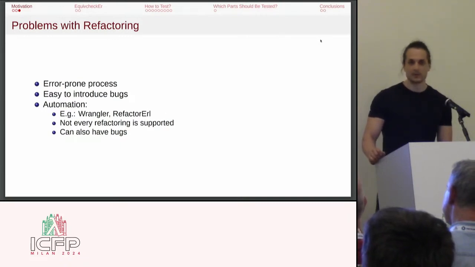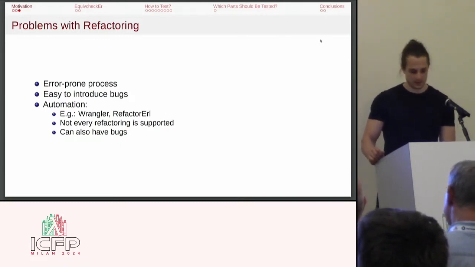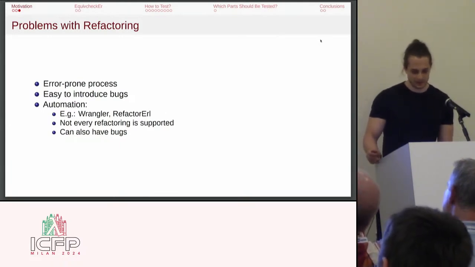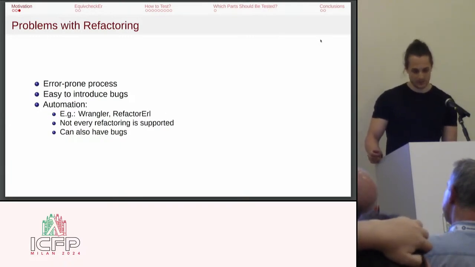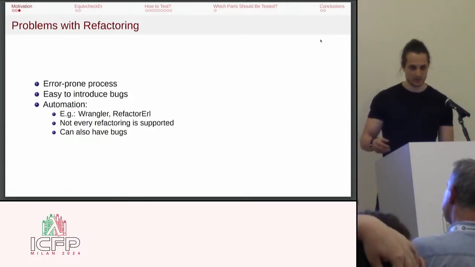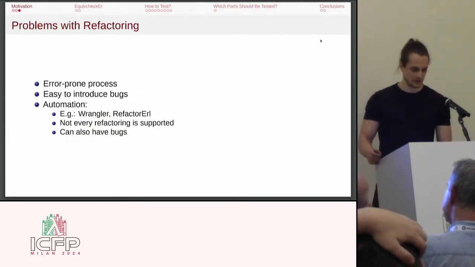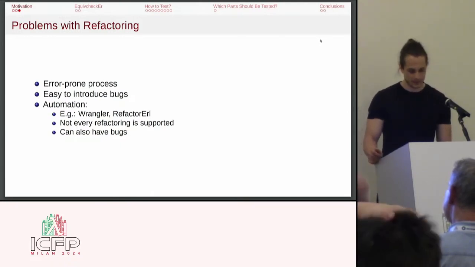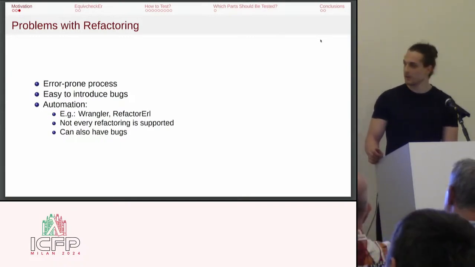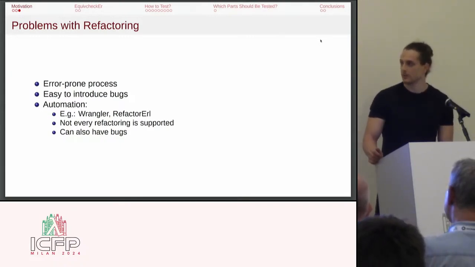But the problem with these kind of tools is that they usually don't support every kind of refactoring, usually the more mechanistic or relatively easier kind of refactorings, like the function inlining I showed you earlier, or renaming variables.